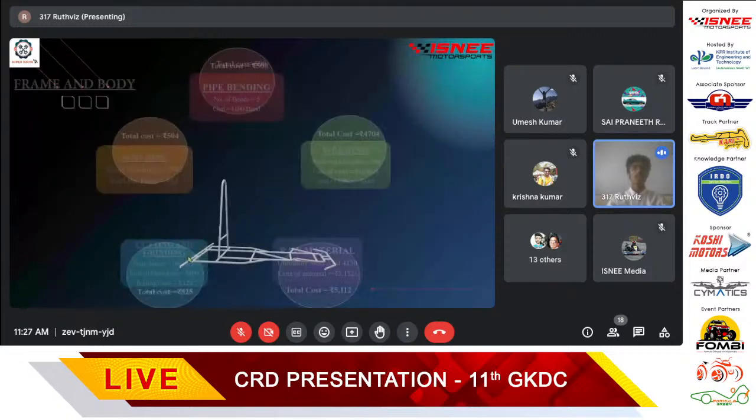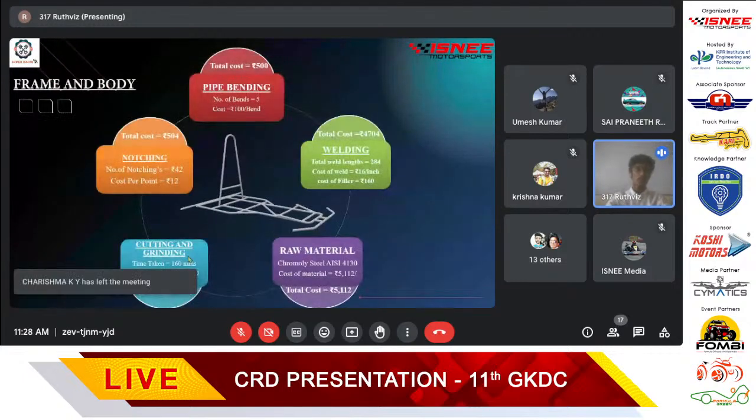Next, coming to the presentation, we have broken down the cost report into 5 different departments. They are frame and body, steering system, wheel assembly, braking system, powertrain, and electrical. First, coming to frame and body, we have considered chromoly steel as the material for the frame due to its reliability and also its ease in fabrication.